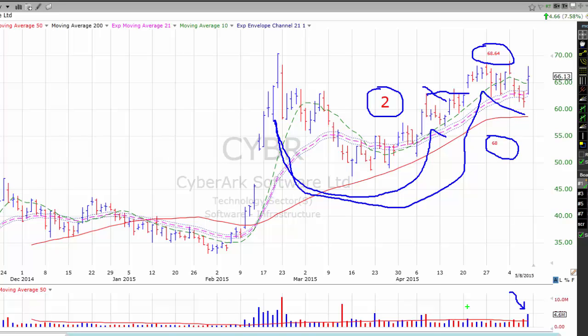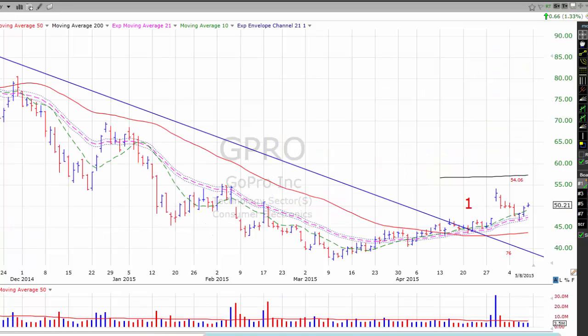Next stock for you, bottom fishers. GoPro manufactures mountable and wearable cameras and accessories for the self-capture and sharing of content. You can see that GoPro has been in this long downtrend. We broke above that downtrend at this point, but the trading volume was fairly weak.